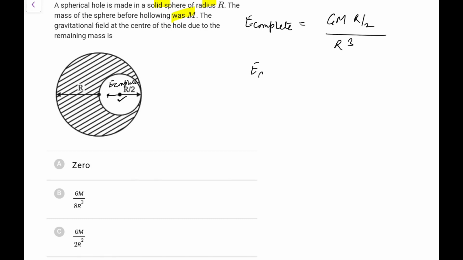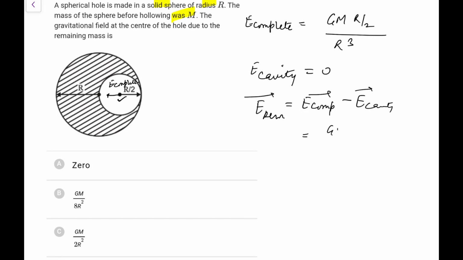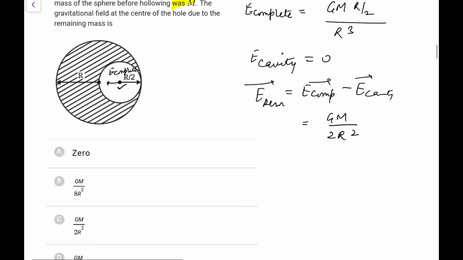Now E due to this cavity at the center is going to be 0, so E remaining would be E complete minus the effect of the cavity, so it remains the same. So the answer is going to be GM by 2r square, the same as due to the complete one. Go for option C in this particular case.